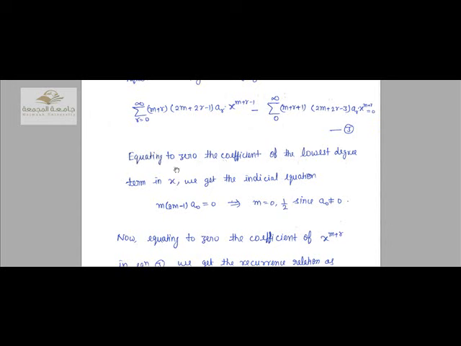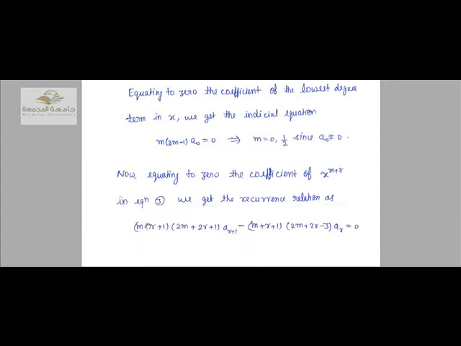Equation number 3. Equating to 0 the coefficient of the lowest degree term in x, we get the indicial equation m(2m minus 1) a0 is equal to 0 implies m is equal to 0, 1 by 2 since a0 is not equal to 0.